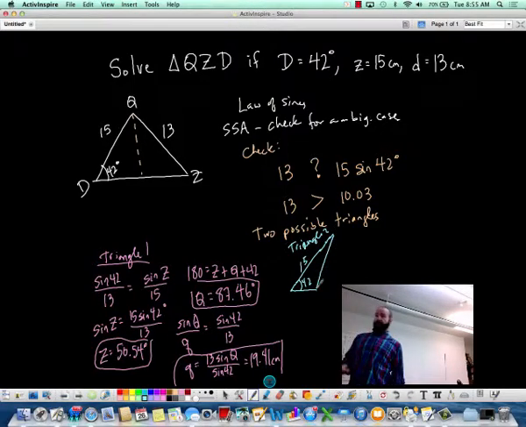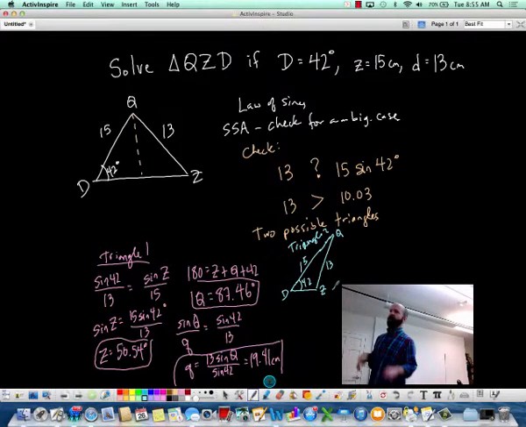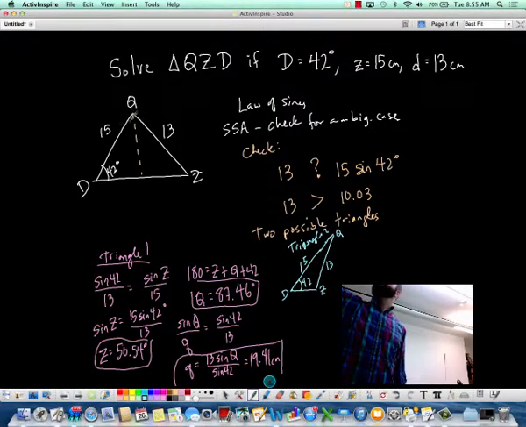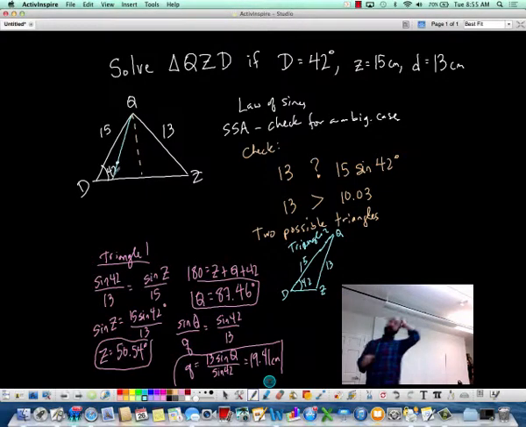So it's going to look like that. So that's where the 13 would go. So this is D, this is Q, and this is Z. Now you could draw these both in the same triangle and get that isosceles thing going on between this 13 and this 13. It would look like this, roughly drawn. I just like drawing it separately sometimes because I find that a little easier to work with.